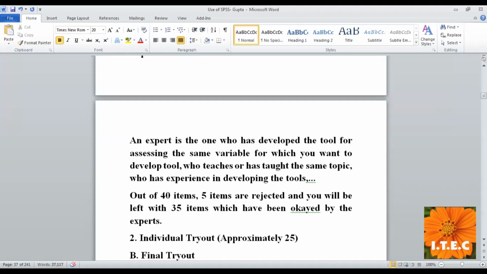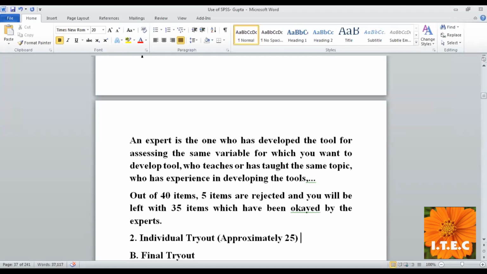And you should have all 35 items on 35 separate slips or separate pages so that you give one at a time to him or her. Now, one person may take half an hour, may take 20 minutes. So if you have 25 people and if they take half an hour, you need at least 13, 14 hours.